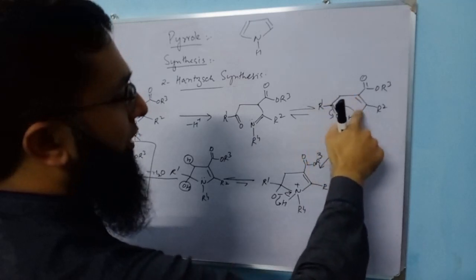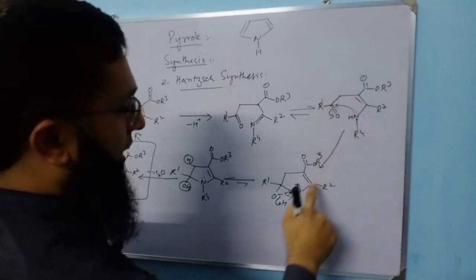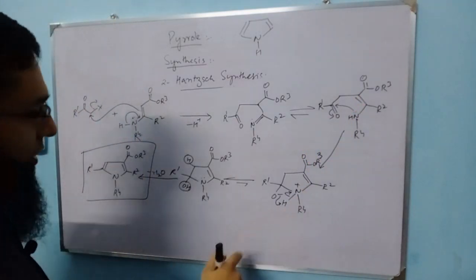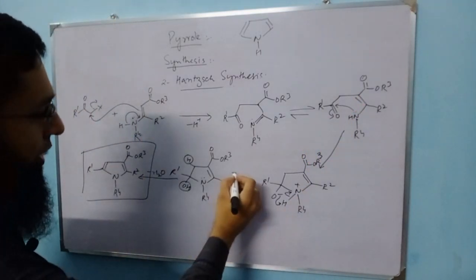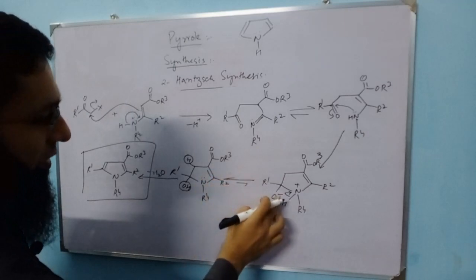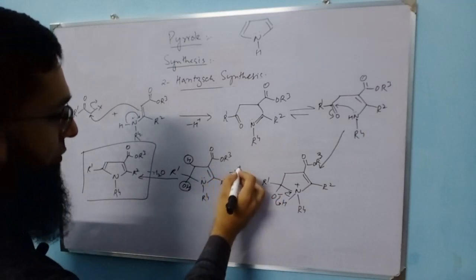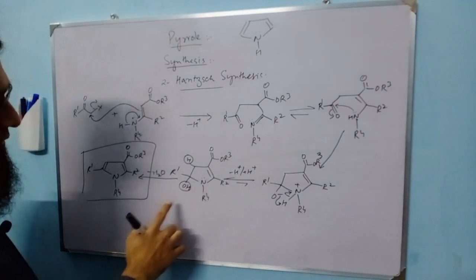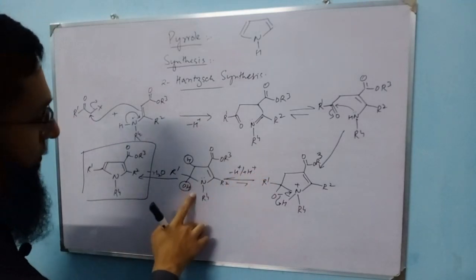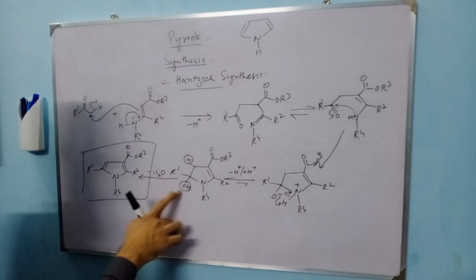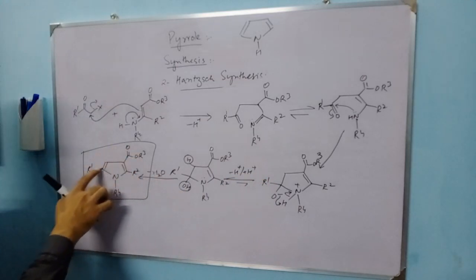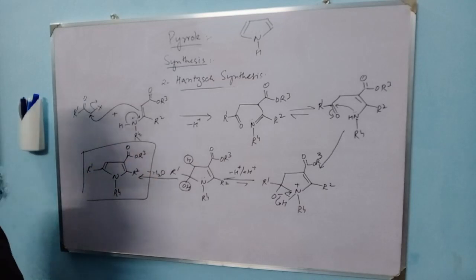This is enamine, so it would attack here and we would get this intermediate, and then proton transfer reaction would take place. Again, this would be minus H plus, H plus, and we will get this, which would undergo dehydration, and we will get 2,3,5 trisubstituted pyrrole derivative.